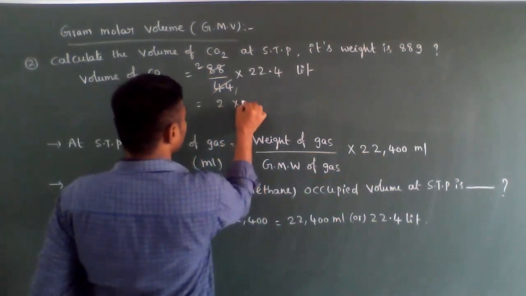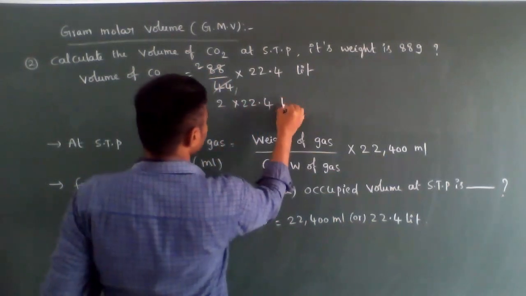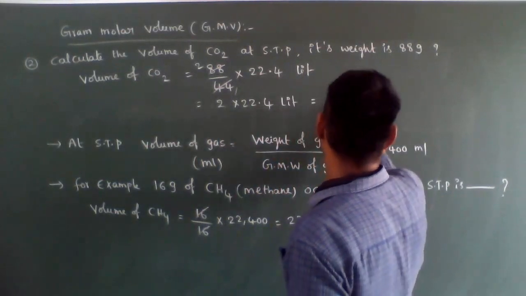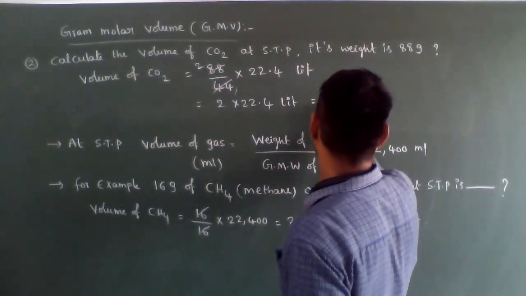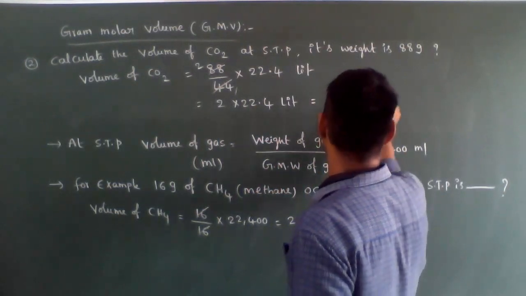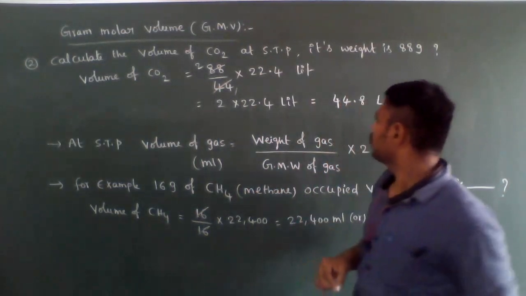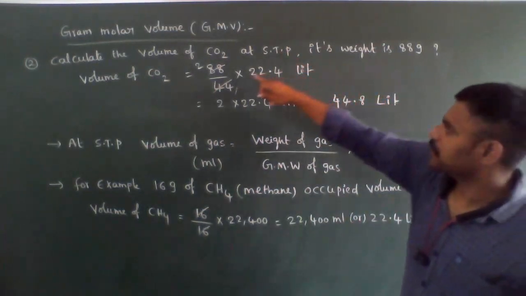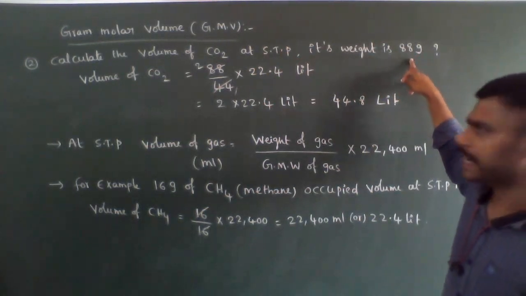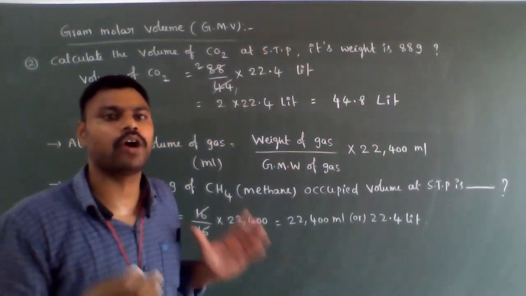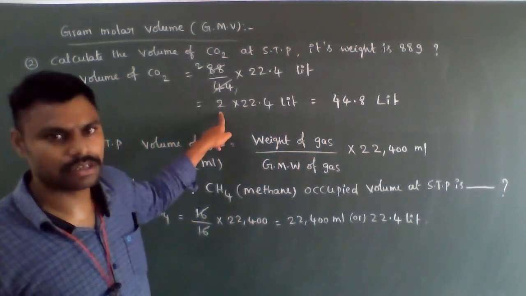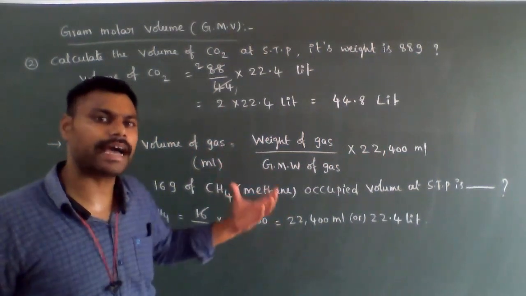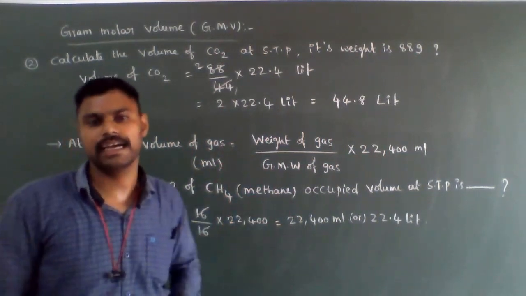So 2 into 22.4 liters is equal to 44.8 liters. Means 44.8 liters of CO2 is 88 grams of CO2, which is 2 gram molecular weights. The number of gram molecular weights is also called the number of moles.